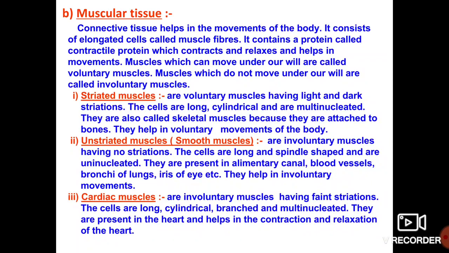This contractile protein is very helpful for contraction and relaxation. The contraction and relaxation of the muscles take place because of this protein present in the muscle tissue, called contractile protein.